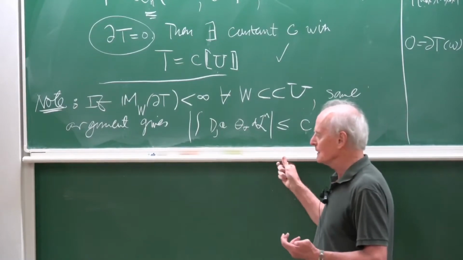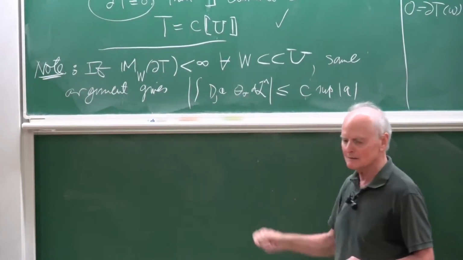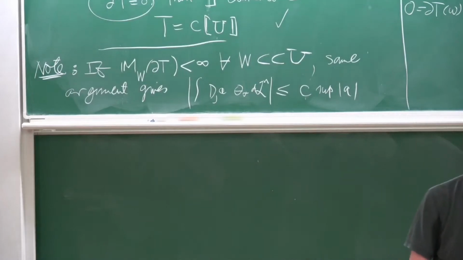So I'm not going to give the details of this proof because we didn't talk about BV functions previously. But if you're interested in following this up, you need to look at the section on BV functions.